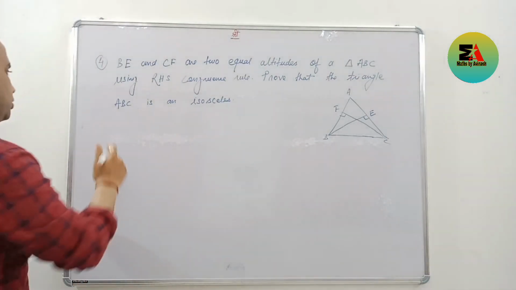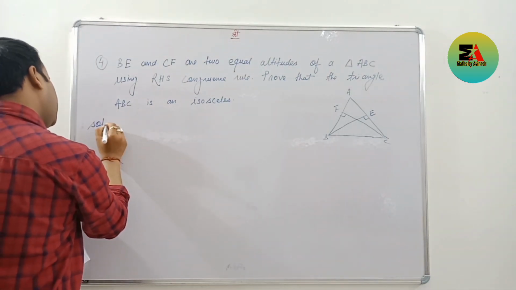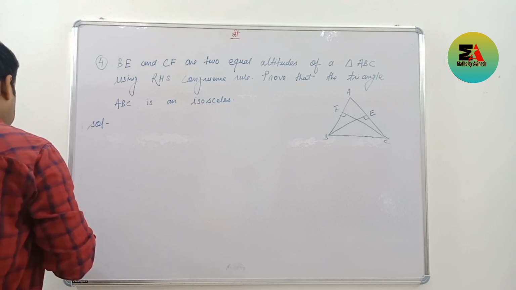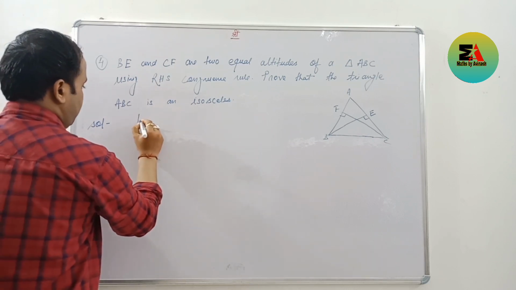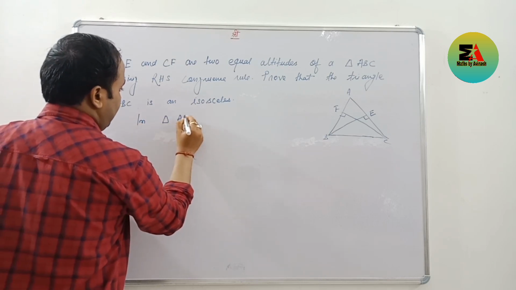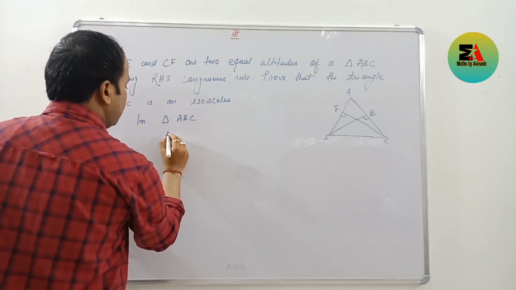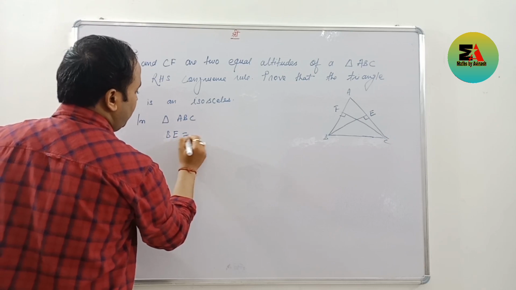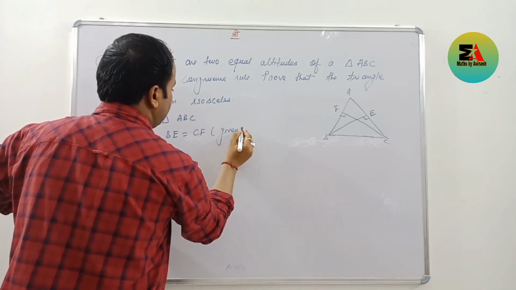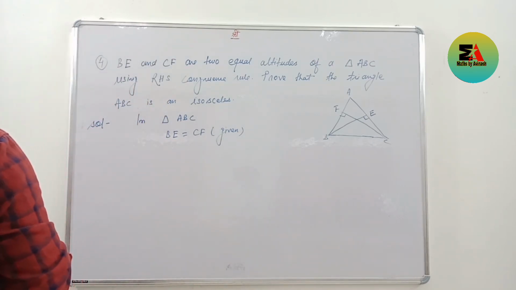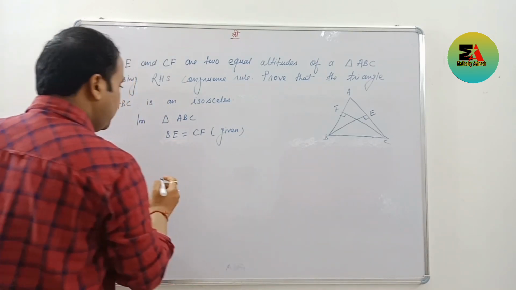See how we solve this question. Since in triangle ABC, BE equals CF, this is already given, equal altitudes. Clear?